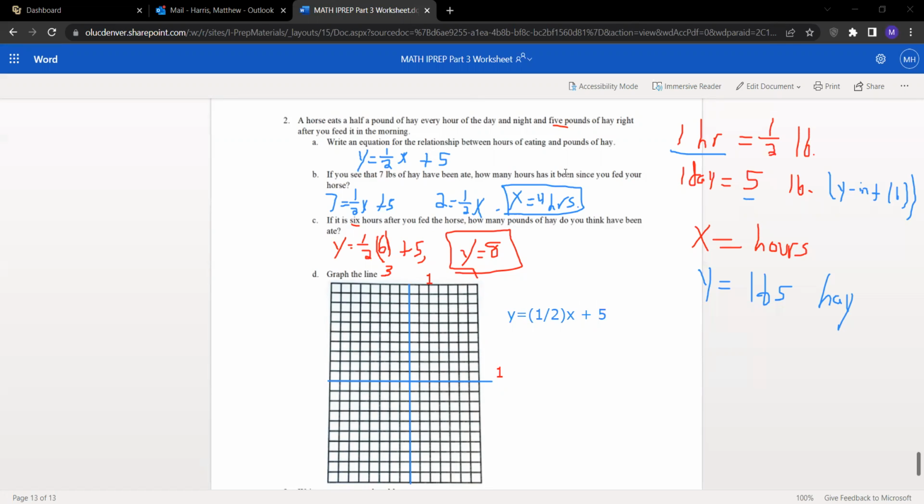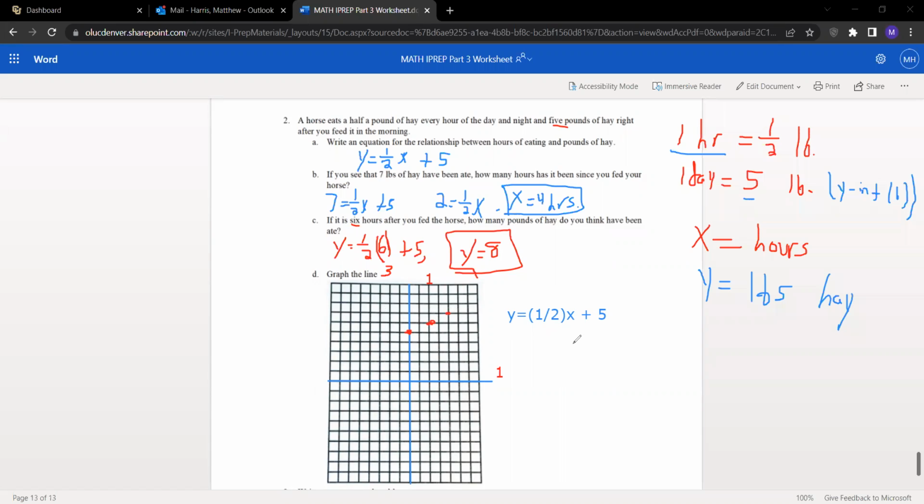So what is our y-intercept? It's 0, 5, right? So 0, 1, 2, 3, 4, 5. And then all we're doing is counting. If we have 1/2, that means for every one up, it goes over 2, because rise over run, right? So up 1 over 2, up 1 over 2.